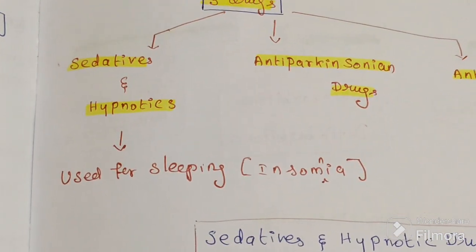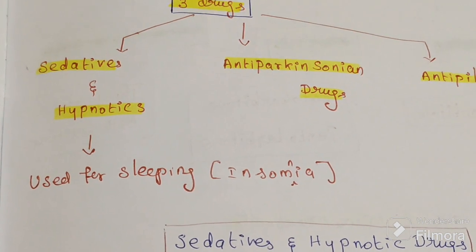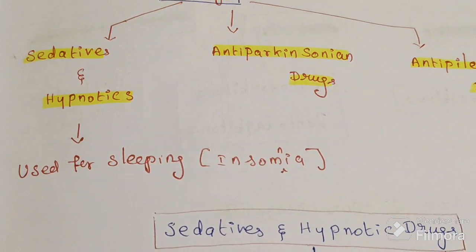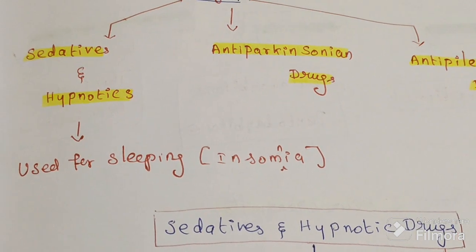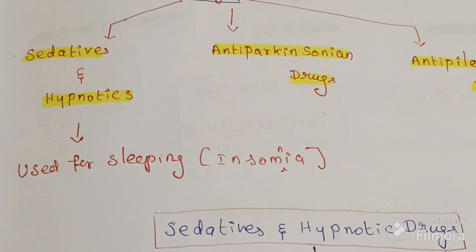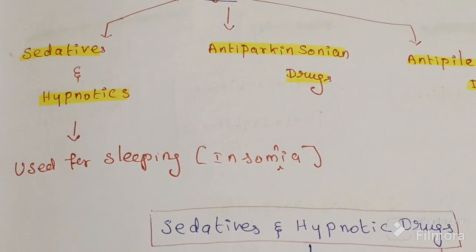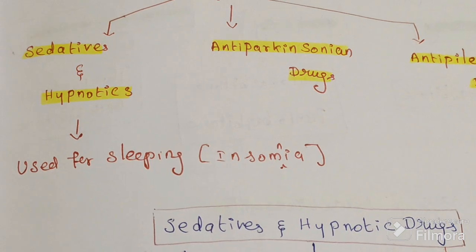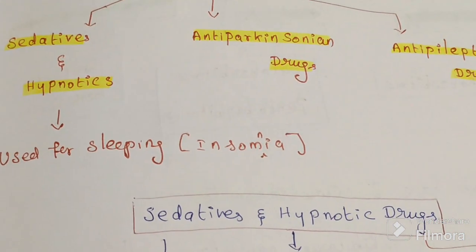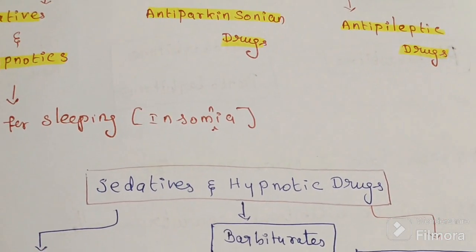So first, what are sedative and hypnotic drugs? For what disease do we use them? For sleeping. Some people have insomnia, which is the name of the disease. They have sleeping trouble and cannot sleep.